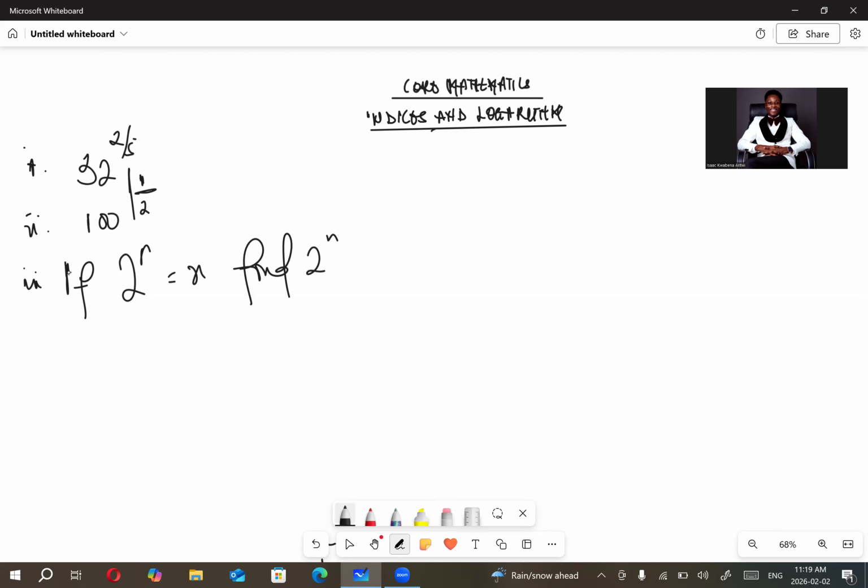And I didn't see anyone tackling, especially the third one. So let me review the solution side. I saw you writing that, 2 exponent negative n, right? Yes, negative n.